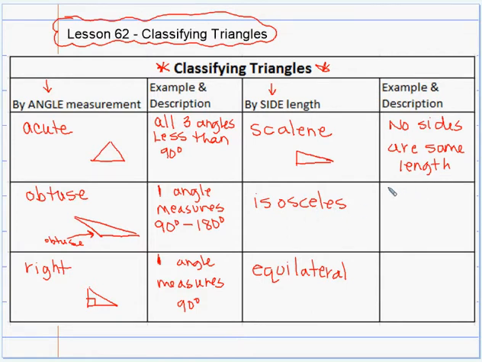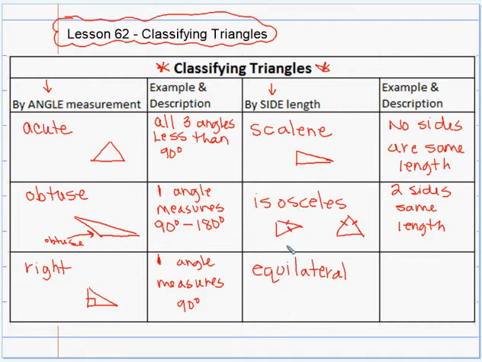An isosceles triangle has two sides that are the same length. Okay, so you've seen them, they look like this, where this side and this side are the same length. They could also be, you know, like this, where, like a flag, where these two sides are the same length.